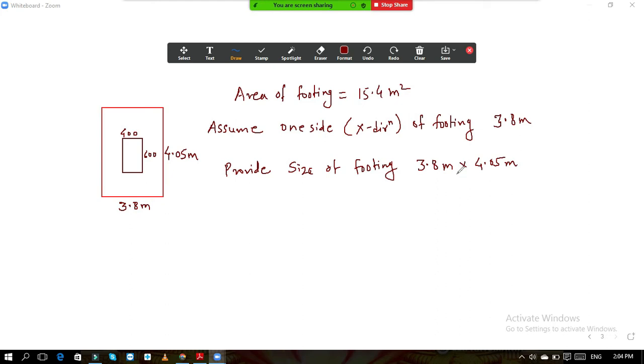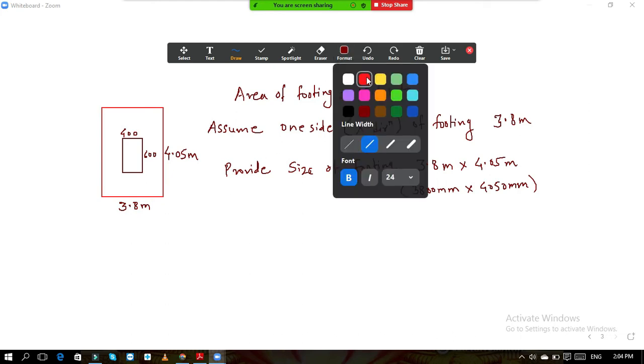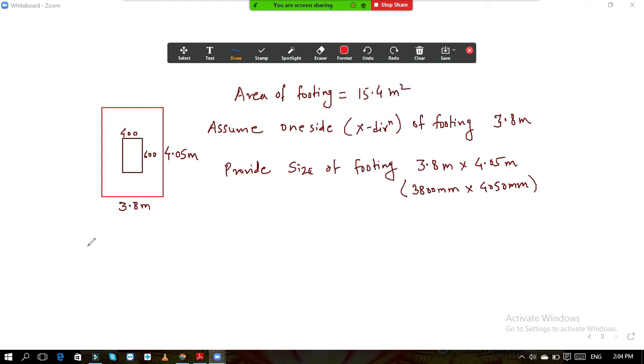Okay, so in mm, if you see, this is 3800 mm by 4050 mm. This is the size of footing we have finalized. Now next is the soil pressure, or soil pressure intensity. We call it the soil pressure intensity.